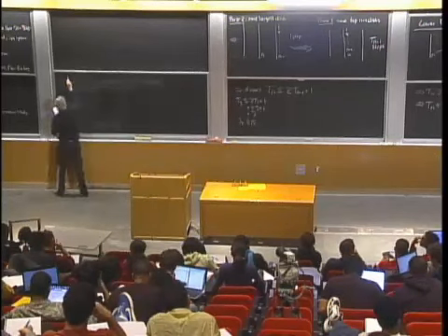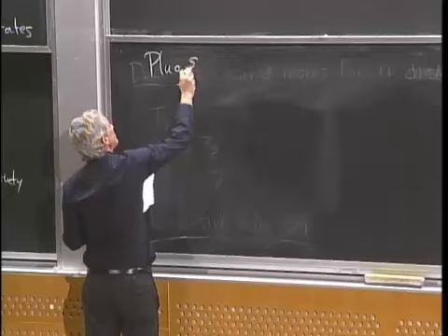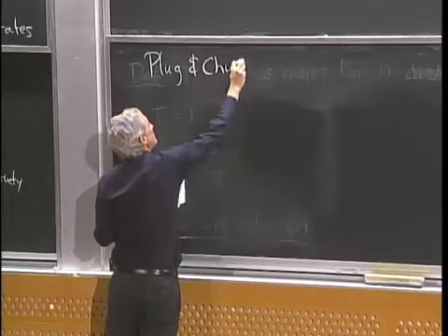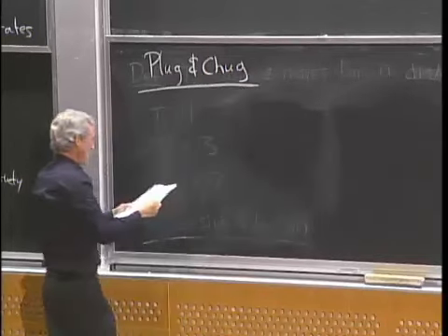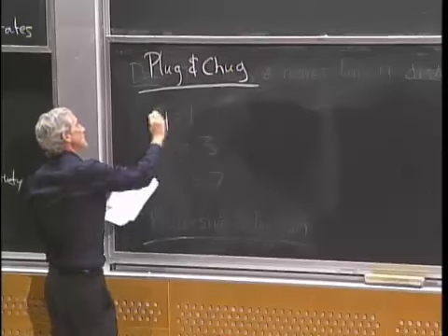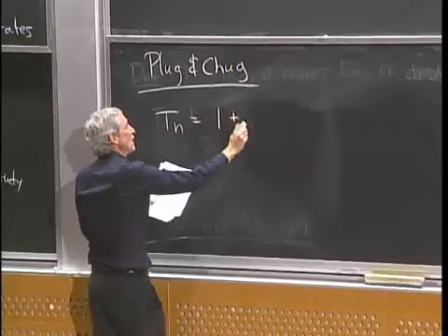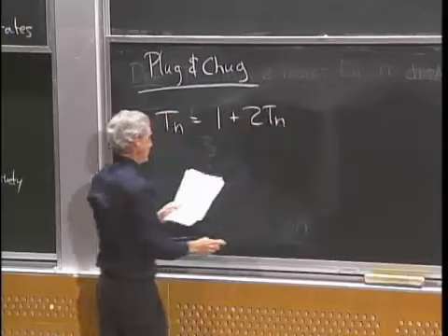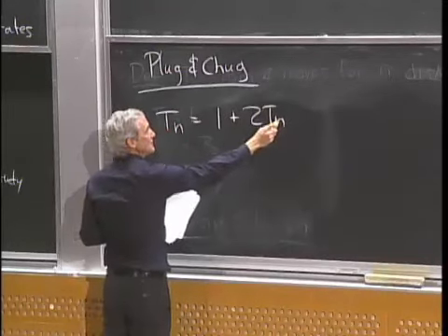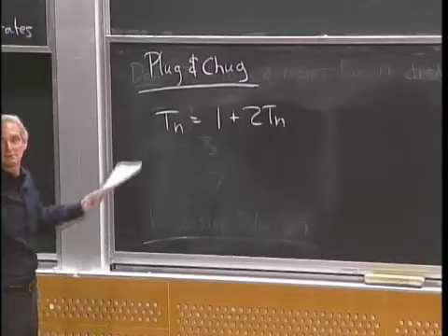Okay, so plug and chug. And so we'll solve the same recurrence. So we've got Tn equals, and I'm going to write it just reversed, 1 plus 2 Tn minus 1, because I'm going to expand out the recurrent term. That's why it's called expansion also.